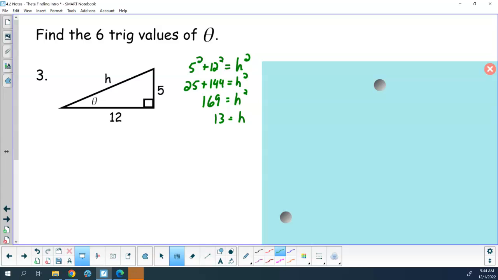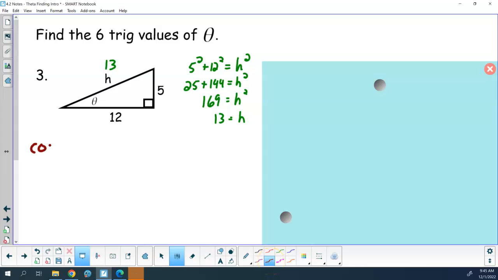And is it 7, 15, and 17? 17 squared minus, no, 8. 8, 15, and 17 is the next one. Okay? So knowing that my hypotenuse is 13, now I can come up with the 6 trig values.